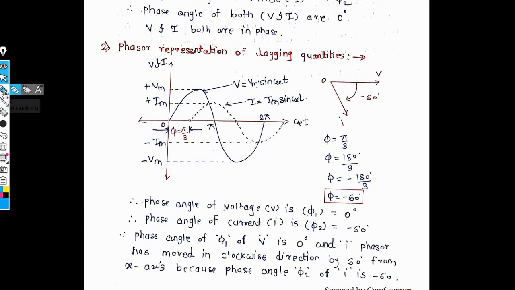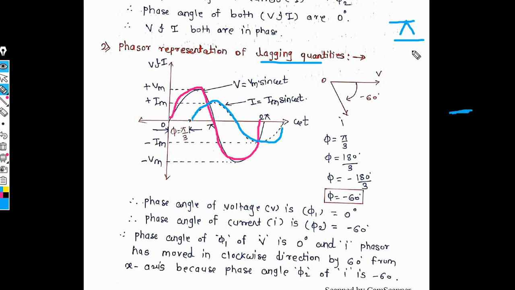Okay, then here we consider this voltage waveform, and this current waveform. Lagging always means a negative sign, because the current waveform starts after the voltage waveform. We consider an angle such as pi by 3, pi by 6, or pi by 9; any angle can be considered. Taking pi by 3, it is 180 upon 3, with a minus sign. Why take the minus sign?